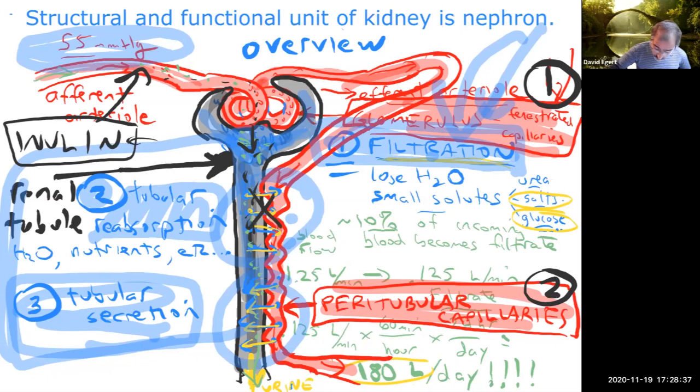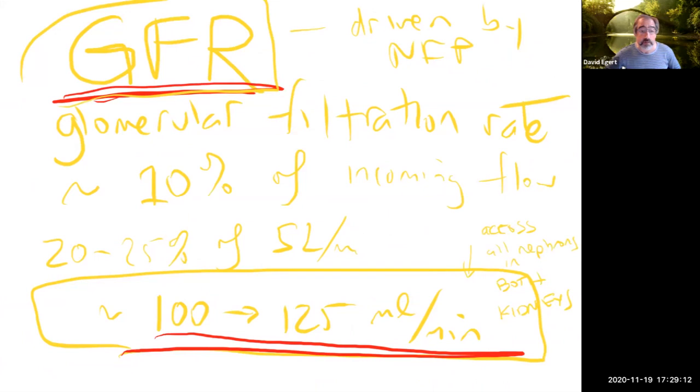That means any of the inulin that is leaving the capillaries and becoming filtrate is going to end up becoming urine, since it is not reabsorbed or secreted. So you just look at the rate that inulin is showing up in the urine that's forming, and that gives you a readout on the glomerular filtration rate. So you can actually get a measure of glomerular filtration rate by using this inulin test, which is kind of cool. So GFR, glomerular filtration rate.